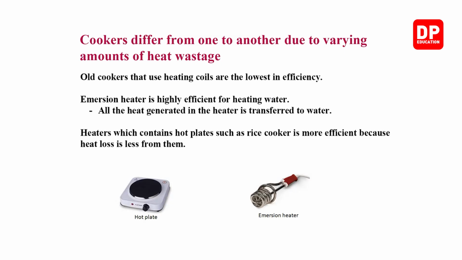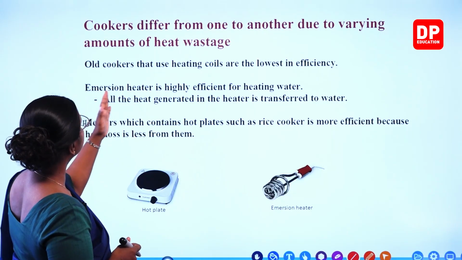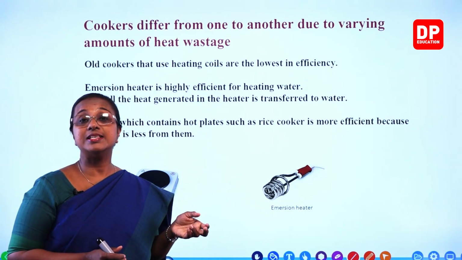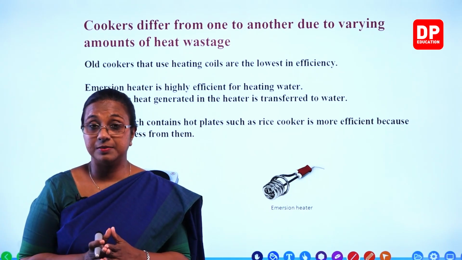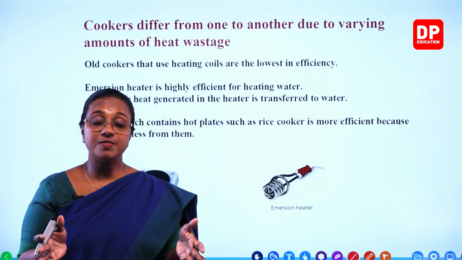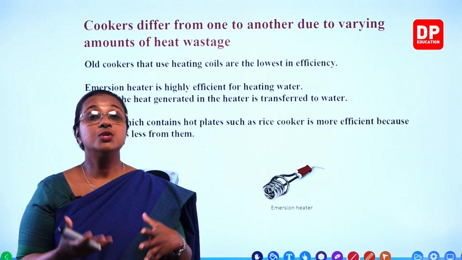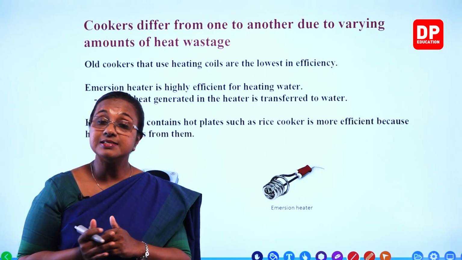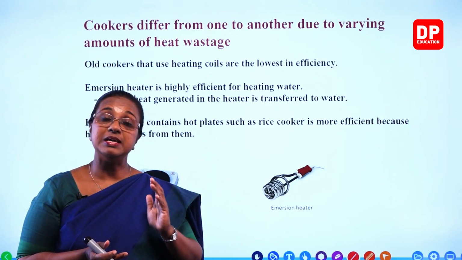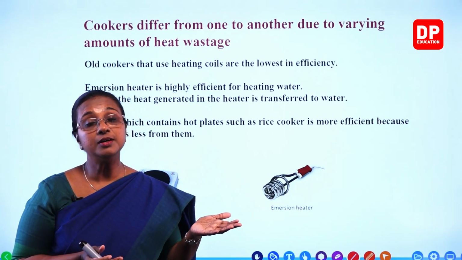So here again, earlier we discussed lights. Now the next type of electric appliance is the cooker. Cookers differ from one to another due to varying amounts of heat wastage. Now, you all use cookers for cooking purposes. We have the cooking vessel on the cooker and we cook. While we are cooking, there is a certain amount of heat energy being wasted from the cooker.